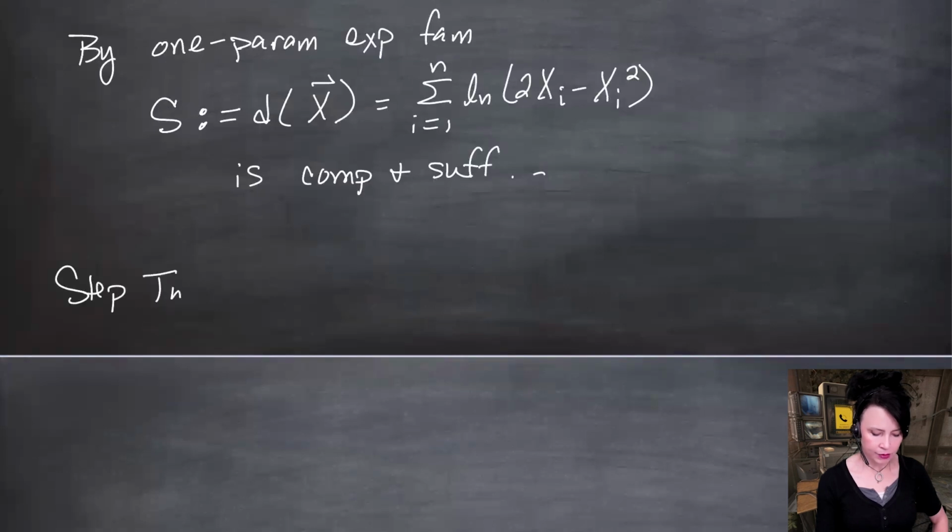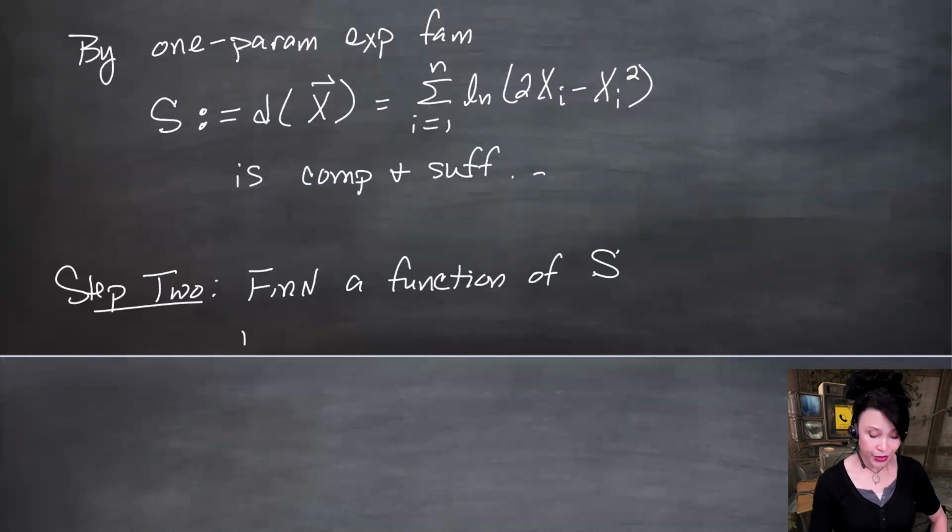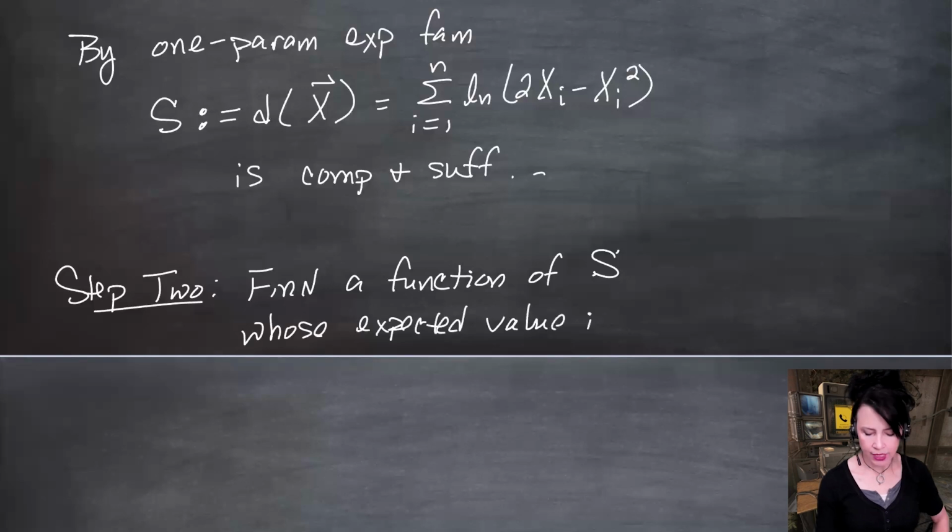Step 2 is to find a function of s whose expected value is theta, or find an unbiased estimator of theta, a function of s that is an unbiased estimator for theta.